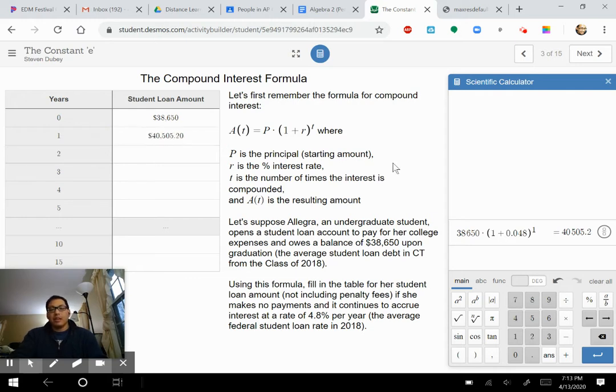So as you can see, the people who give out these student loans are making money by doing this. It's to their benefit because they are charging interest each year, and so that amount will increase. So why don't you take a moment and fill in the rest of this table, and come back, and we'll compare notes.